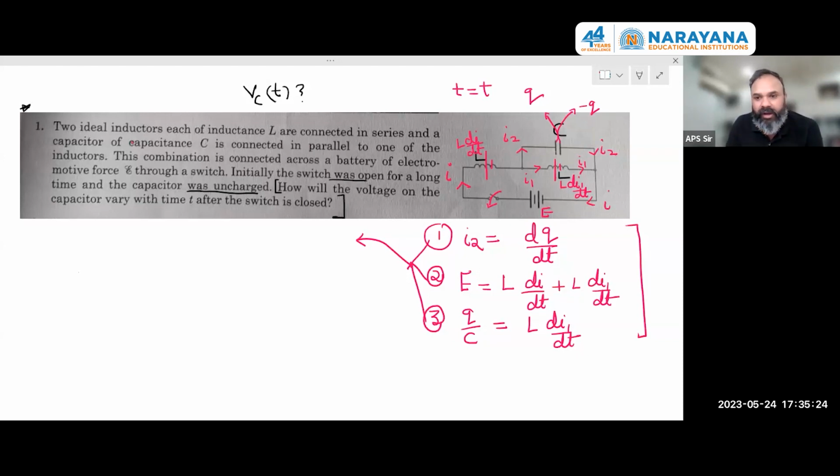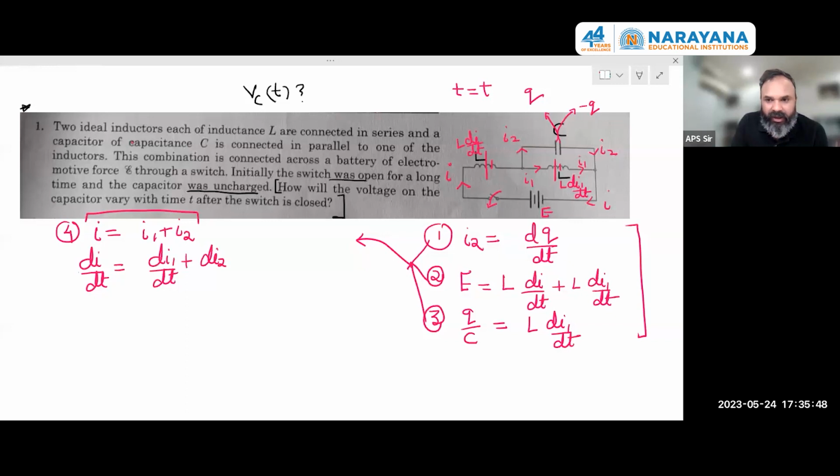So let us try to derive Q as a function of time. We understand one thing for sure, that by conservation, I is equal to I1 plus I2. So let us just try to differentiate it. Let's see what we are getting. The di by dt term is di1 by dt plus di2 by dt, right?